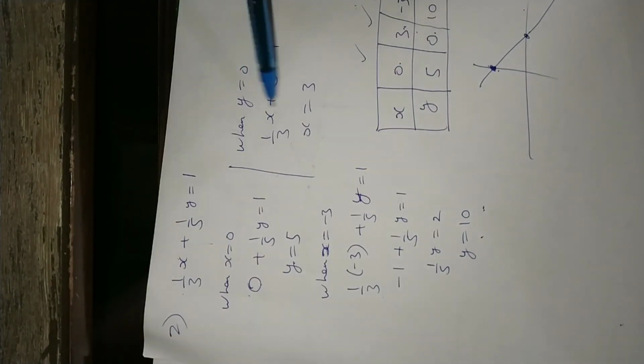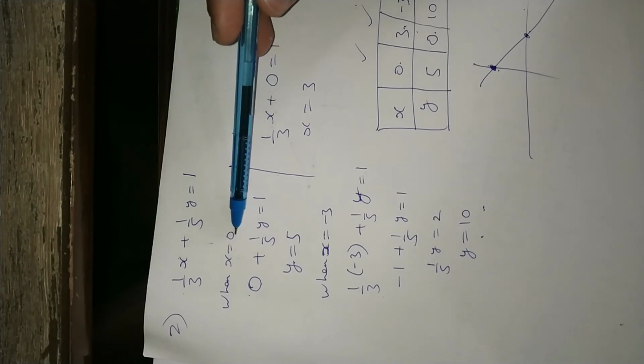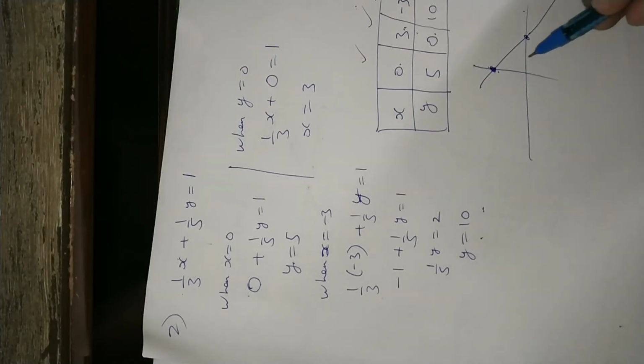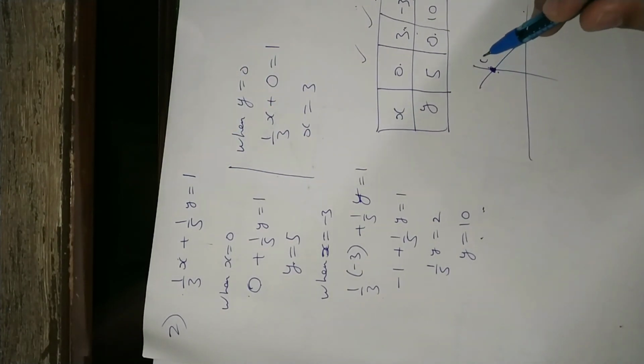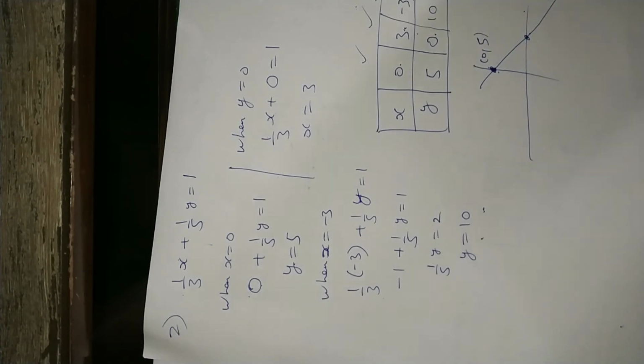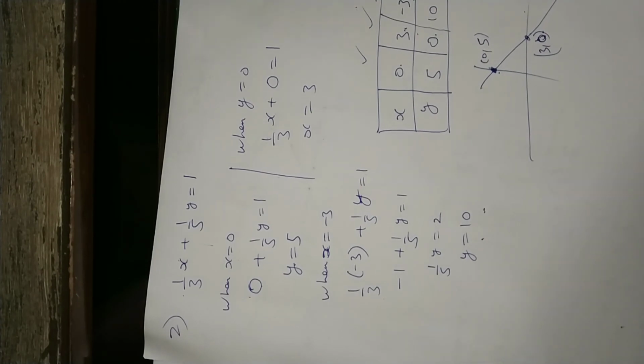And for sure, when x is 0, y is 5, that means this point will be (0, 5), and when y is 0, x is 3, so this point will be (3, 0). In the same way, the next part you have to do, that is your homework.